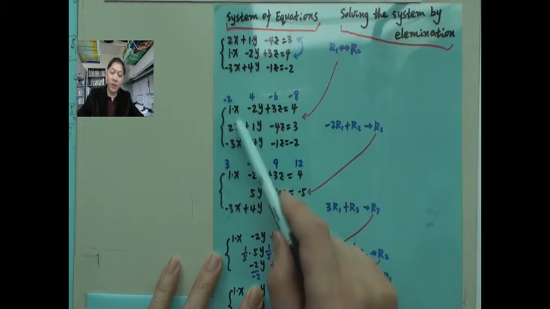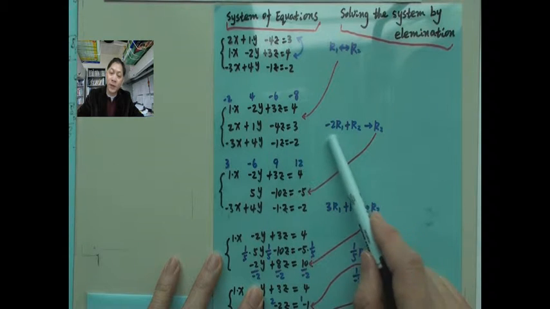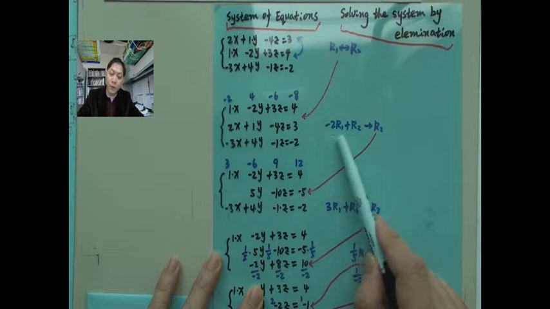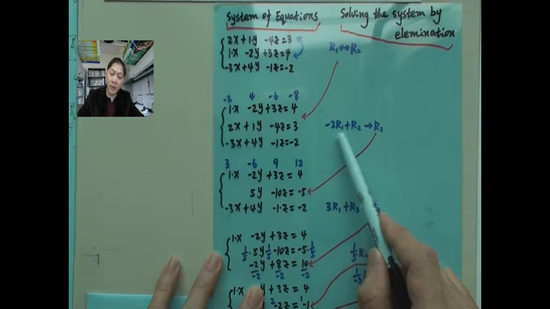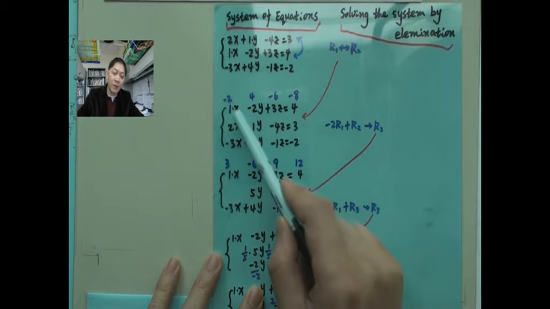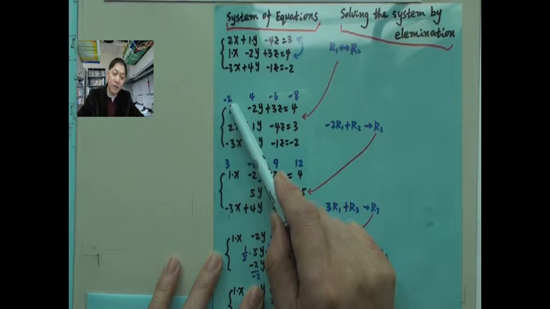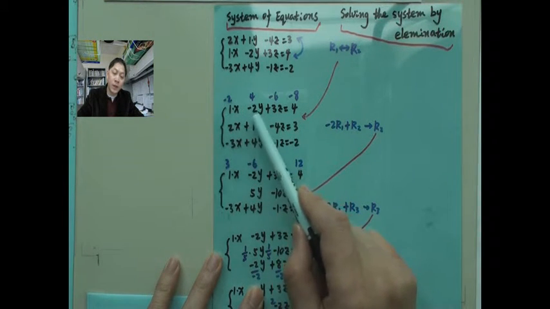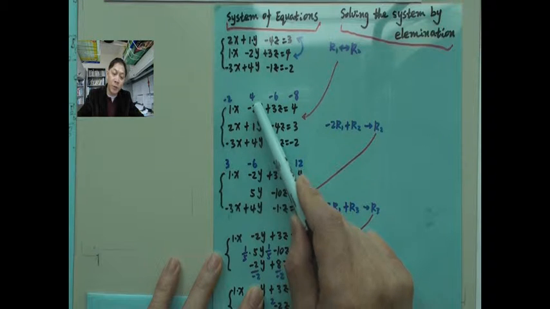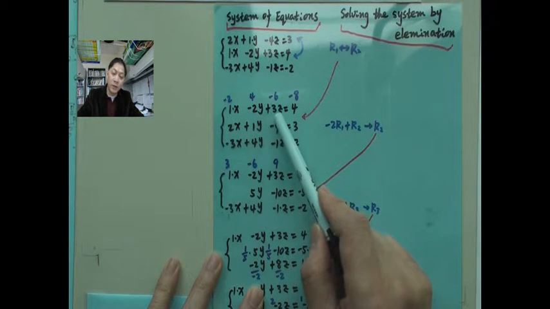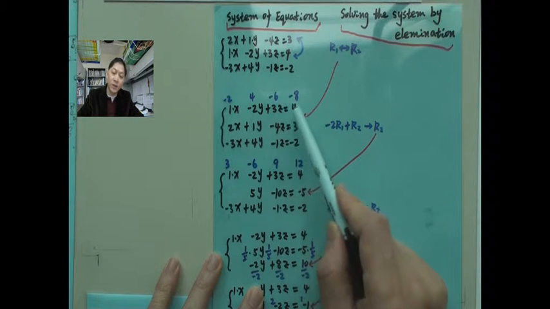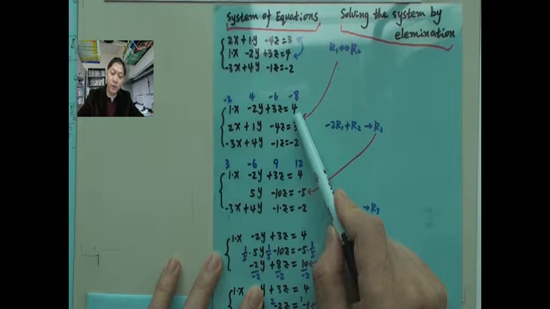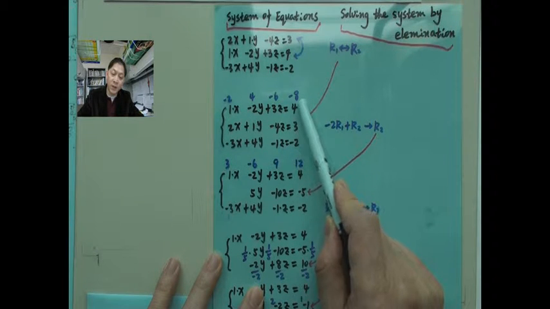So the first equation right here is multiplied by negative 2. The first row all multiplied by negative 2. Then 1 times negative 2 is negative 2. Negative 2 times negative 2 is positive 4. Negative 2 times 3 is negative 6. Negative 2 times 4 is negative 8.